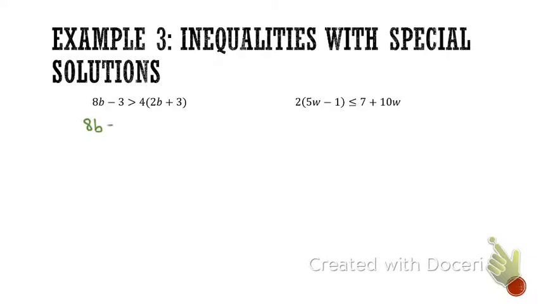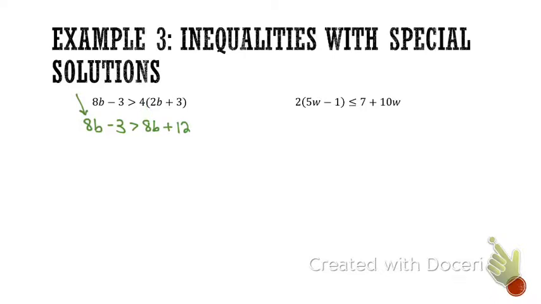8b minus 3, there's nothing to do on the left, is greater than what's 4 times 2b? 8b, and what's 4 times 3? 12. So my first indicator that I have a special solution is that I see that my variables are the exact same value.